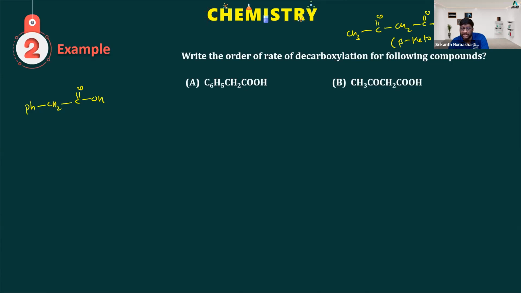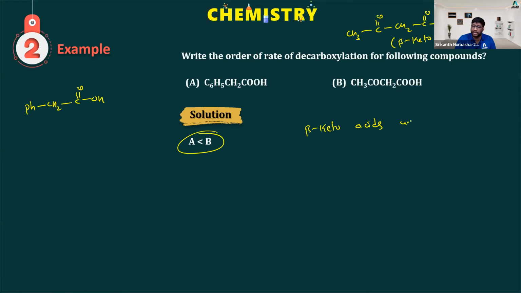You don't need to check the carbanions and all. So beta keto acids undergo decarboxylation by simple heating.